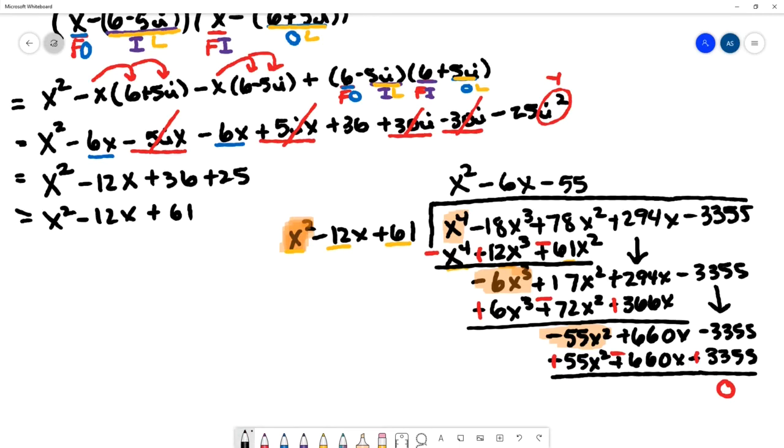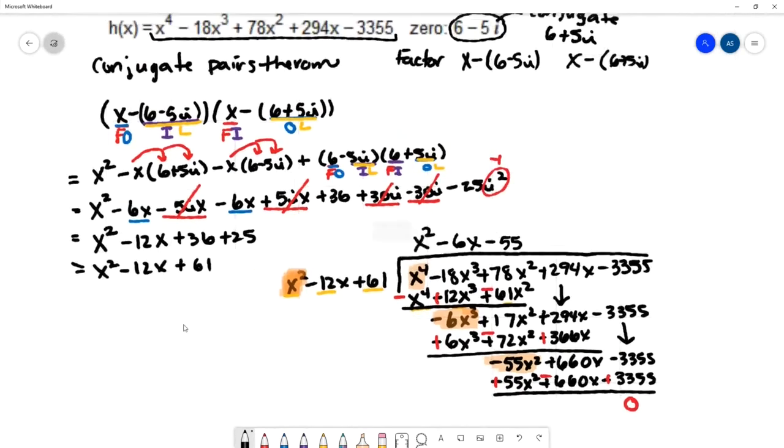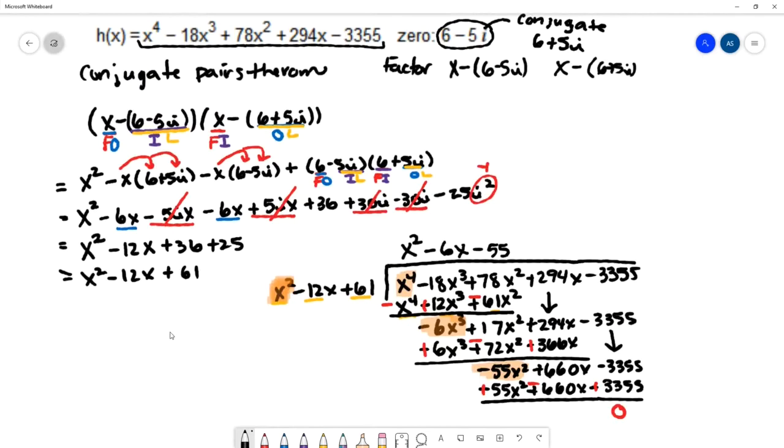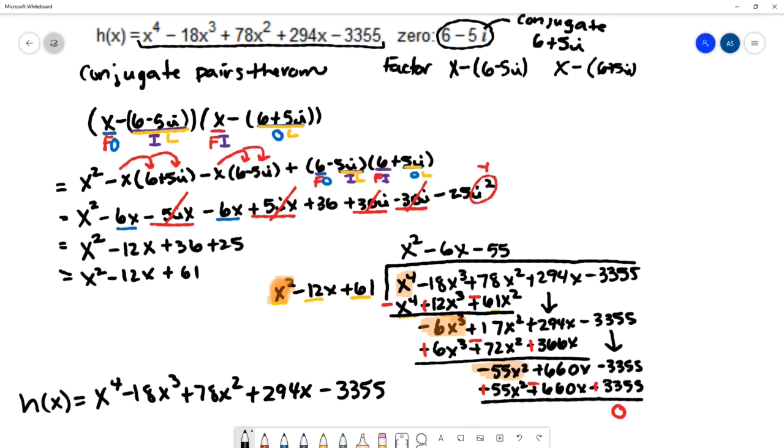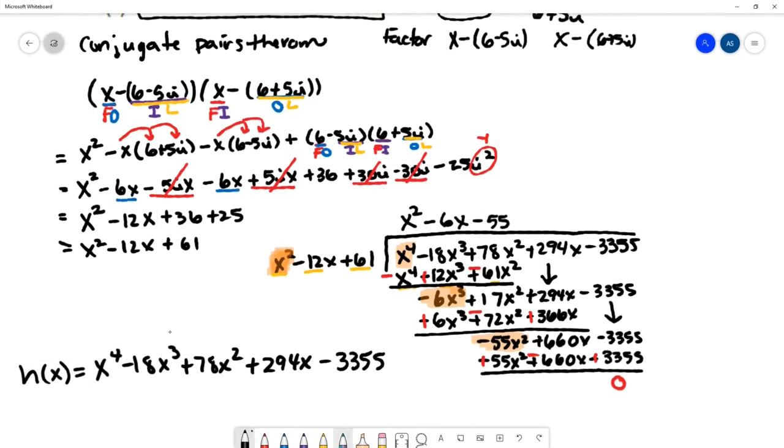So now we know, let me zoom out a little bit. Now we know that our fourth degree polynomial of x to the fourth minus 18x cubed plus 78x squared plus 294x minus 3,355 can factor into these two quadratics.